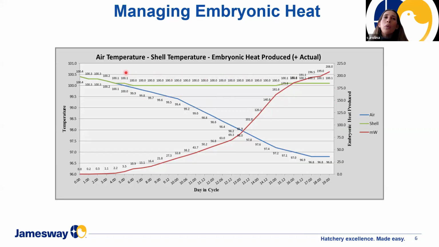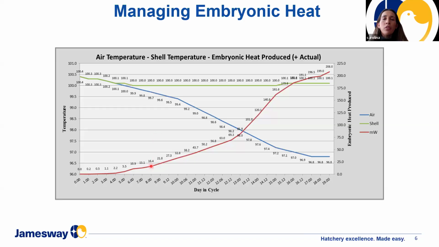We may also know that the embryo at the beginning doesn't produce heat, which means to keep this temperature level up, we might give heat. So that's the reason why we have to have the air temperature at a high level, or we start with 100.4 in case of a single stage machine.